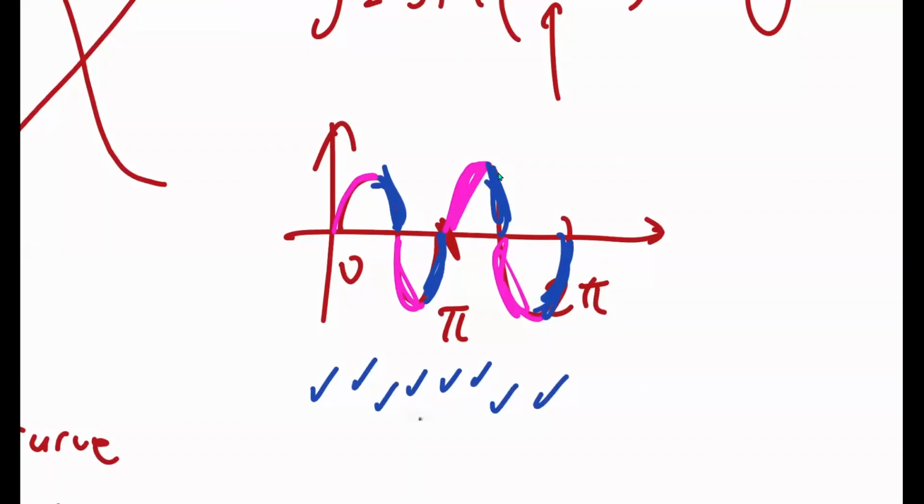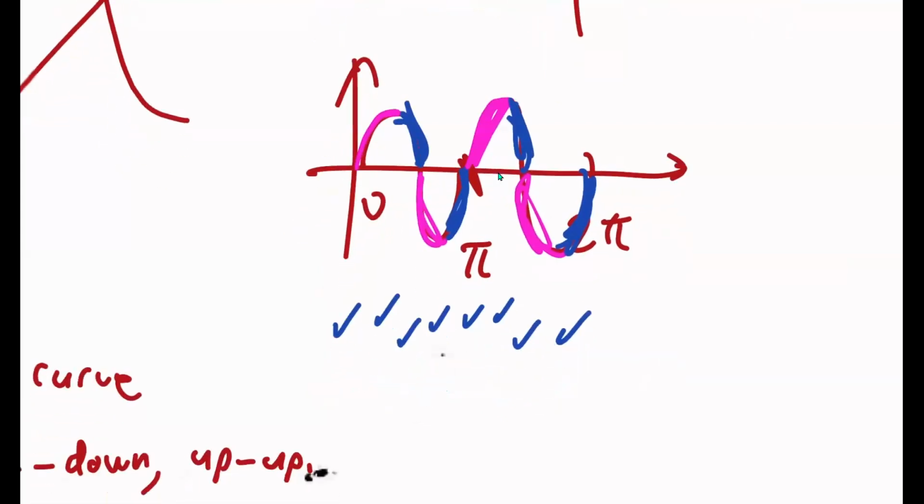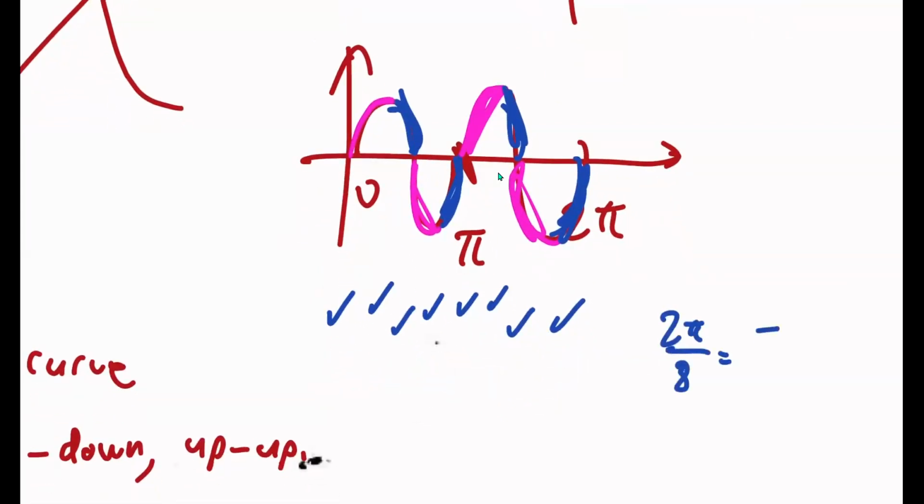Then you just have to take that 2 pi divided by 8 and you get the length of each interval. But in terms of x coordinate, 2 pi divided by 8 is pi over 4. So here will be 0, followed by pi over 4. This other one will be 2 times pi over 4.